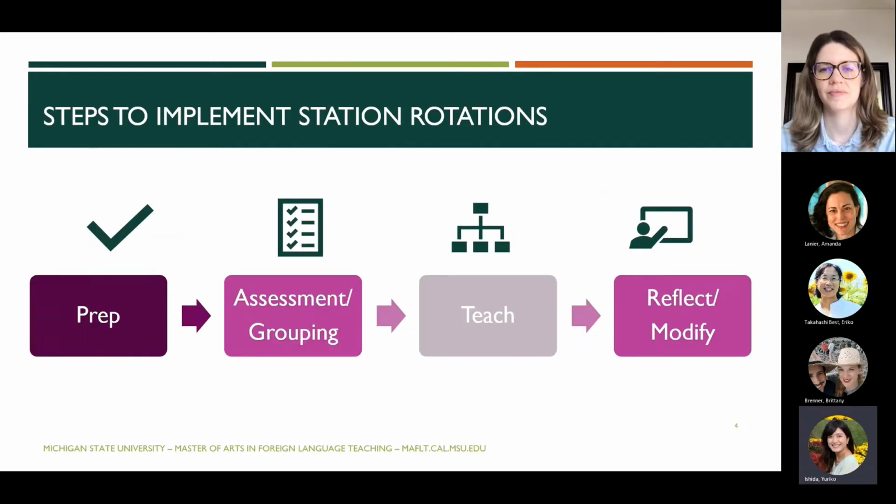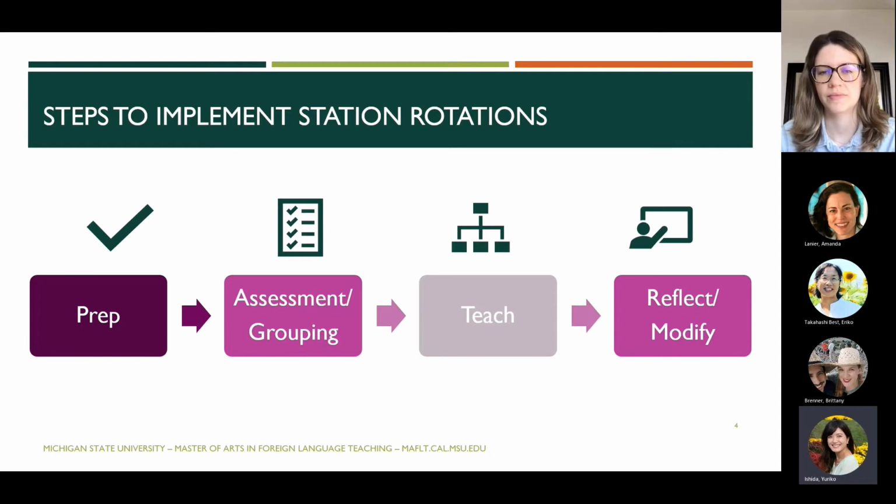So this is how we started, and it's how it's recommended to implement station rotations or guided reading. So first you're going to have to prepare for it. You can't just start it the next day, believe me, it does not work.